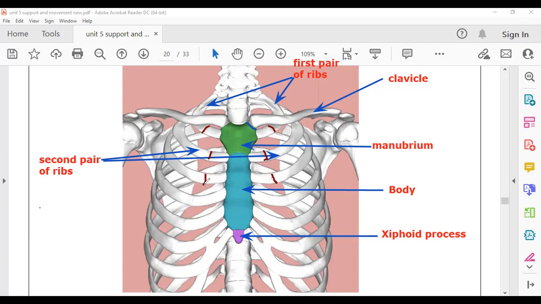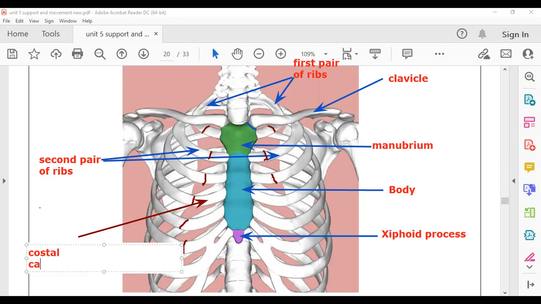After they finish, what continues here is a cartilage material. It is called costal cartilage.